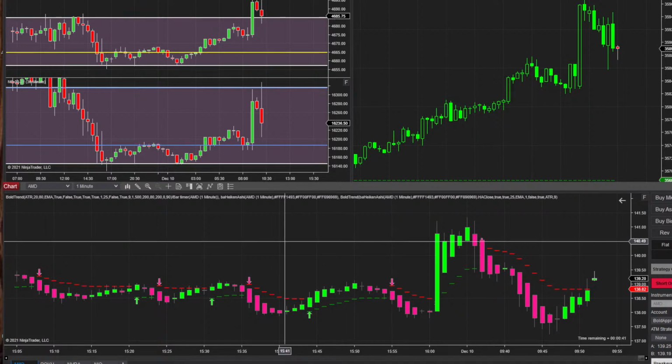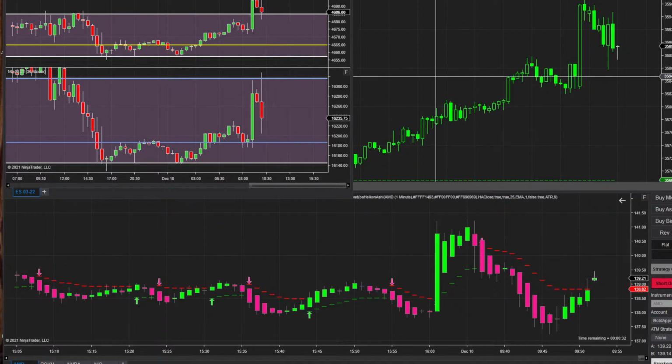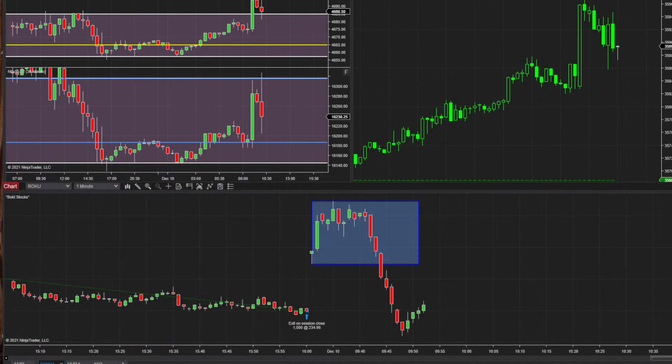AMD is about to take a long, but I have my strategy off, so I will not be in that trade. Even though ES actually looks okay here. I like ES more than NQ here.